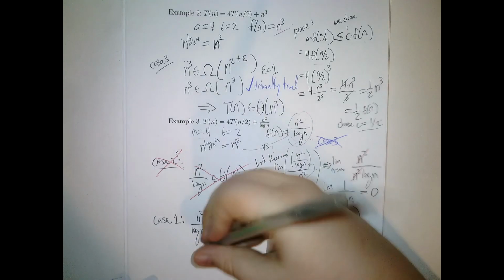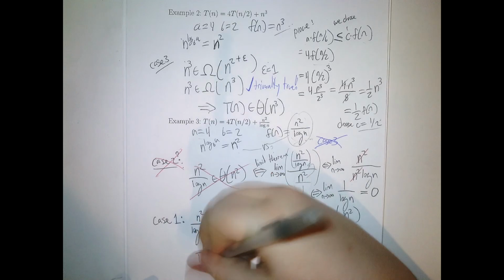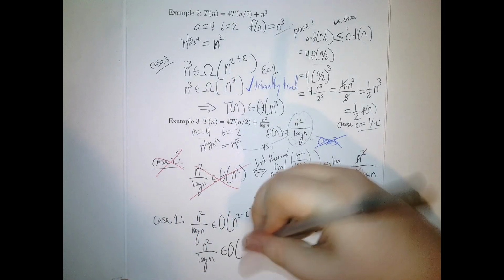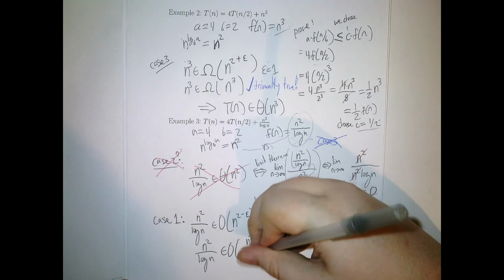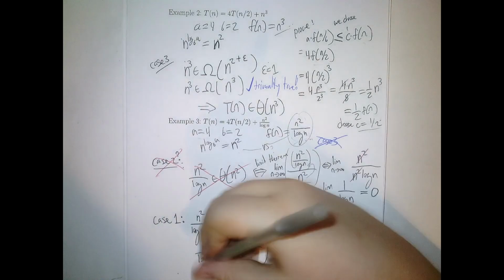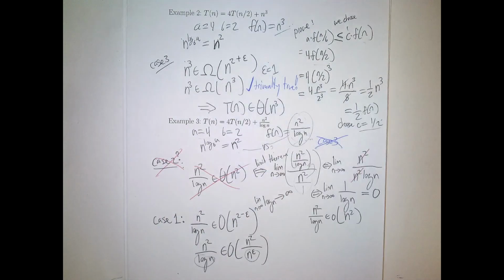Maybe another way to put this that is a little easier to read is to think about this as n squared over n to the epsilon, right? This is the same thing, just a different way to write it. And this makes it really apparent that the difference is really this versus this.